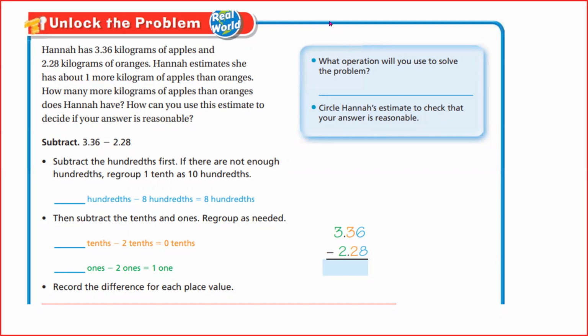The question here is, how many more kilograms of apples than oranges does Hannah have? So see, she has 3.36 kilograms of apples, 2.28 kilograms of oranges, and they asked me how many more. What do you mean by how many more?